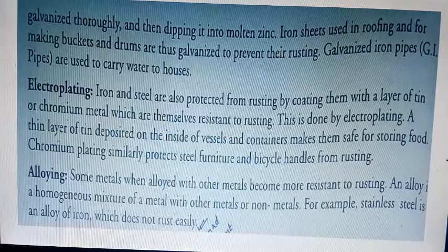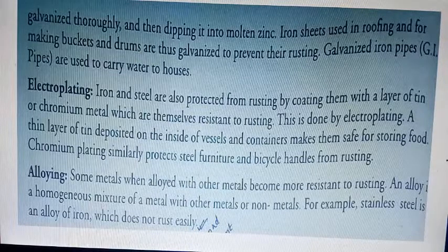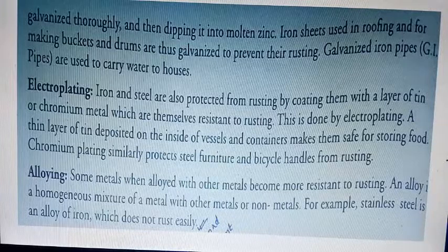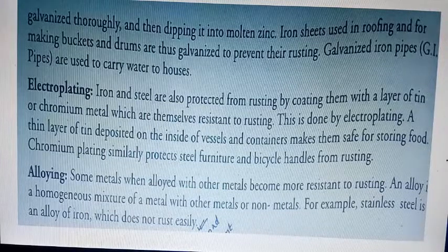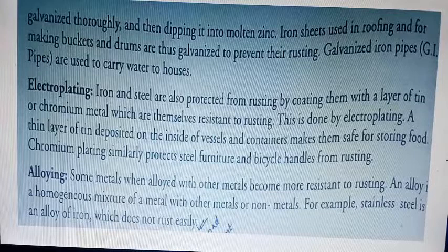And whenever we bring something made of iron which cannot be kept inside our house, then that has to be a galvanized article, or an electroplated article, or a stainless steel article which does not rust.